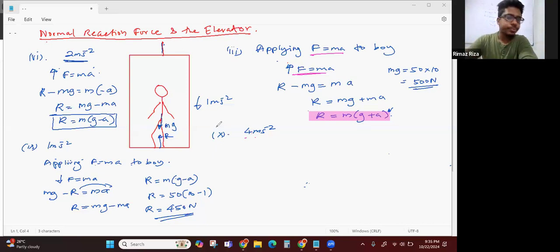Okay, the next question, the same question. This time you take acceleration as 6 meters per second squared.